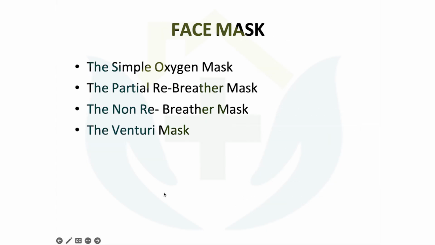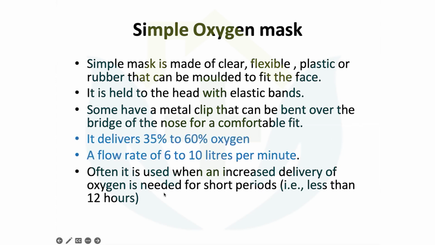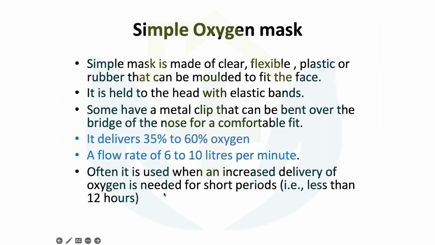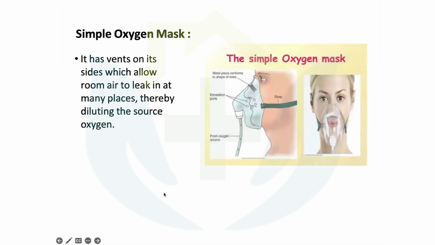Now coming to the face masks, there are different types: simple oxygen masks, partial rebreathe masks, non-rebreathe masks, and Venturi masks. Now coming to the simple oxygen mask, which is used in the ward, it has a port, and it can give a flow of maximum 5 to 10 liters, but it gives a maximum FiO2 of up to 50 to 60%.